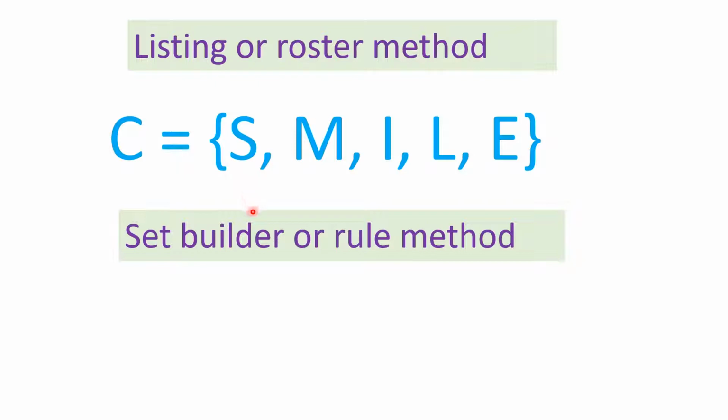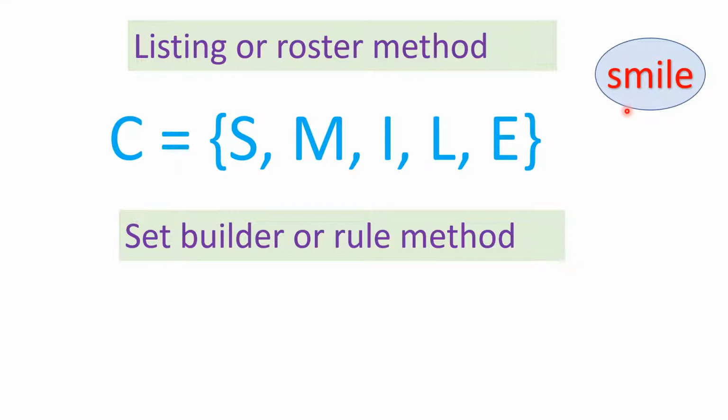To write this set in the set builder form, we have to find a common characteristic, a common property which is applicable to all the elements of this set, or we have to find a rule which decides the membership of this set C. You must have observed that all these elements are nothing but letters of the word smile.